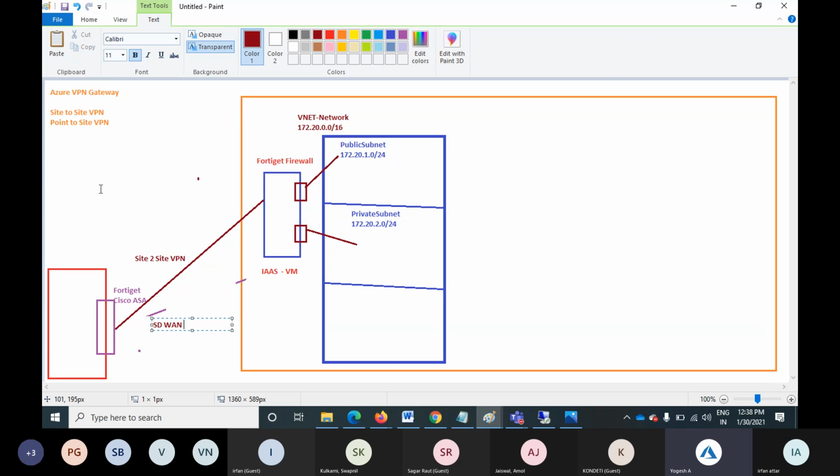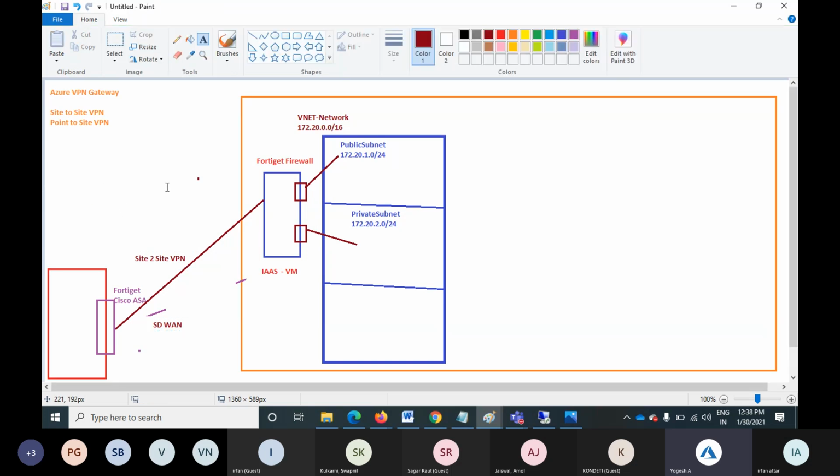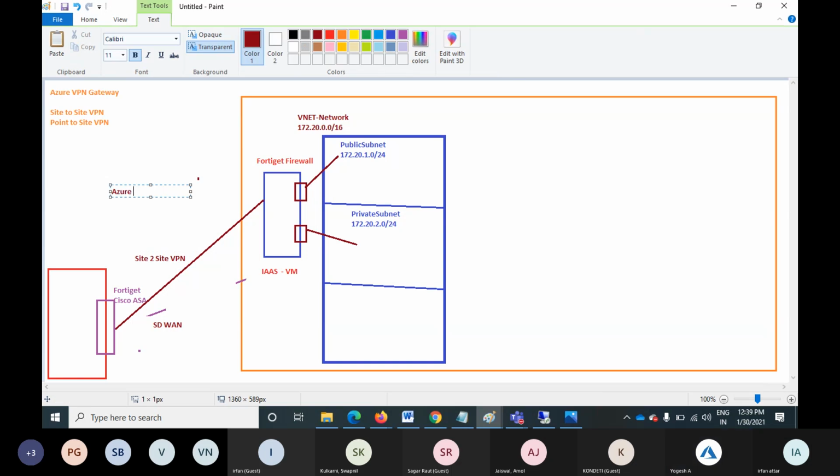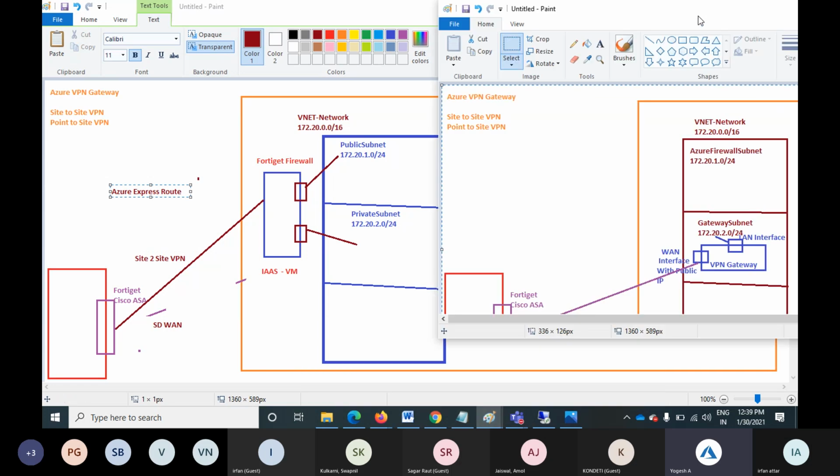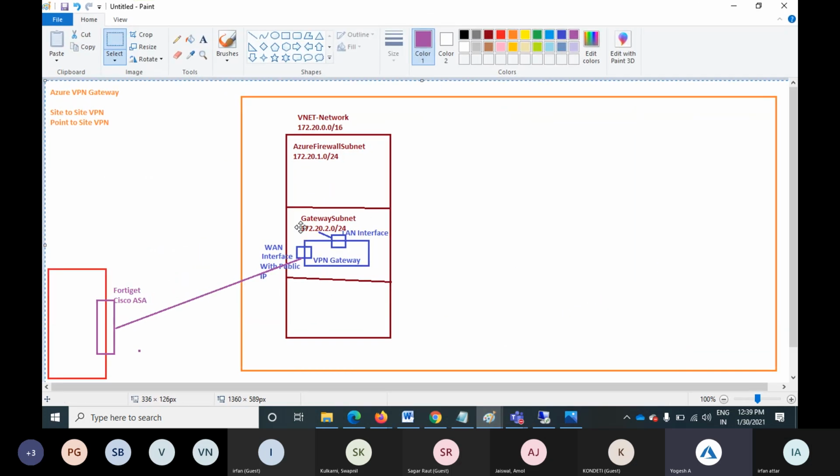If you want to deploy ExpressRoute, again, this is a third service, Azure ExpressRoute. In that scenario, you have to use a VPN gateway only, because without a VPN gateway you cannot deploy ExpressRoute.